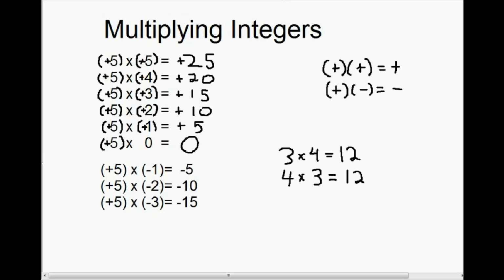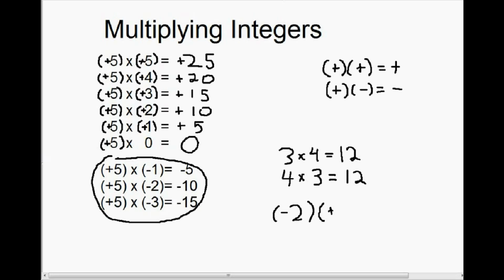Because of this property, we can take any one of these examples over here, and if we just switch the order of the numbers, the answer should be the same. So for example, instead of positive 5 times negative 2, if we do negative 2 times positive 5, then the answer is still negative 10.